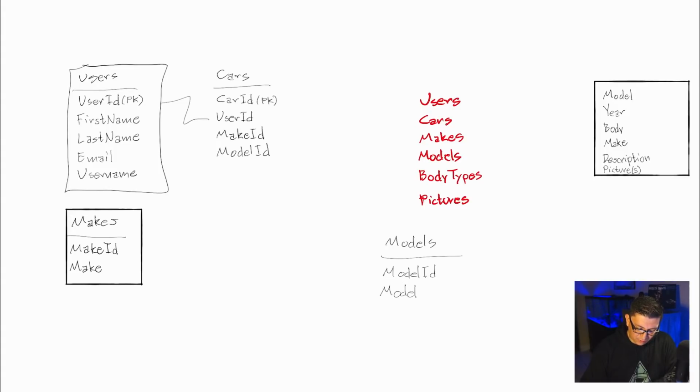You could call it model or model name, something that makes sense to you. But we know that this column in the database will hold the actual string for the model. So now these are connected. Model is connected to this.